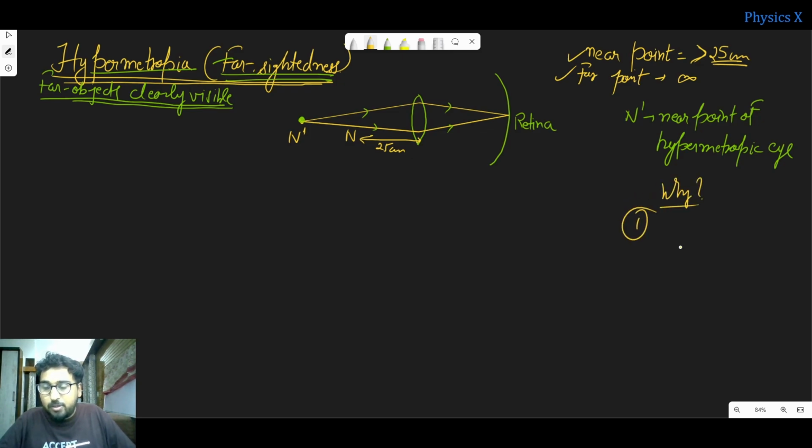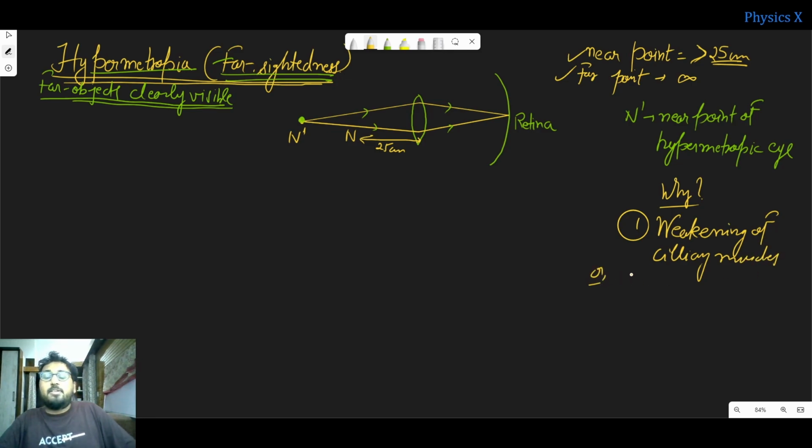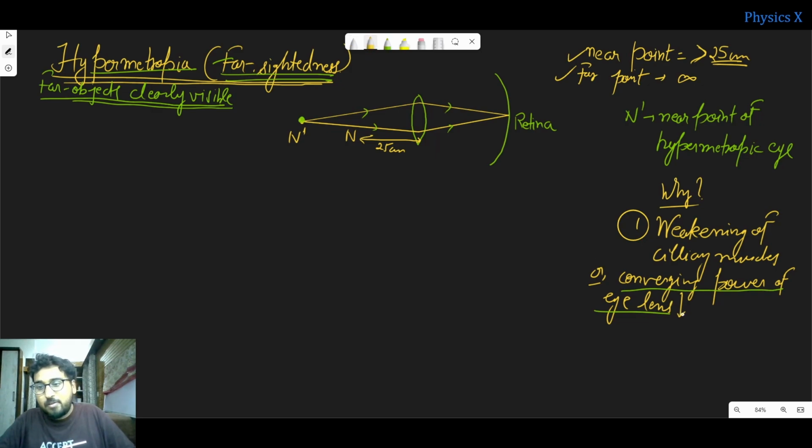The first reason can be related to some weakening of the ciliary muscles, or you can say that the converging power of the eye lens is reduced, or you can say the focal length is increased.